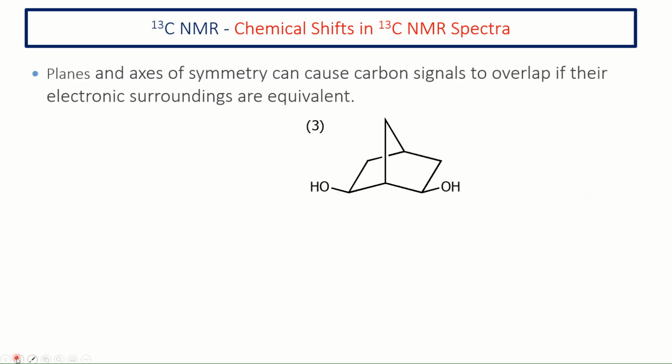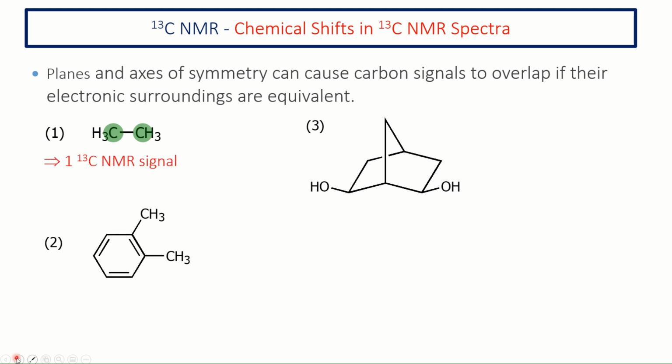So as I stated before, the number of signals is terribly important. For example, we're looking here at number 1, ethane, and you can see that both of these carbons are the same, and so we see 1 signal. On the other hand, we look at this xylene, and of course there's a plane of symmetry here, a line of symmetry here, and so those are the same, and those you can see are quite different.